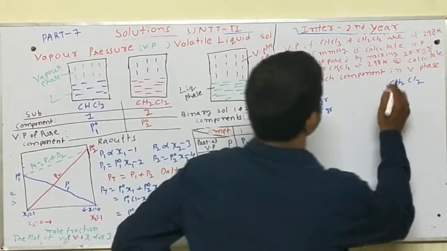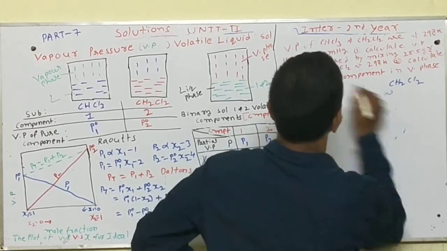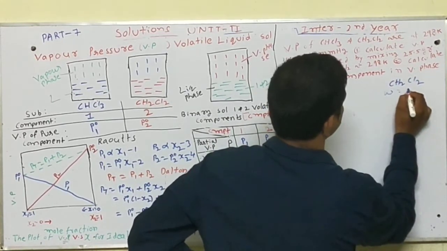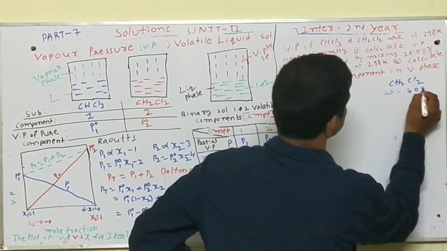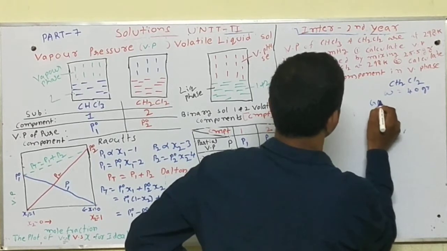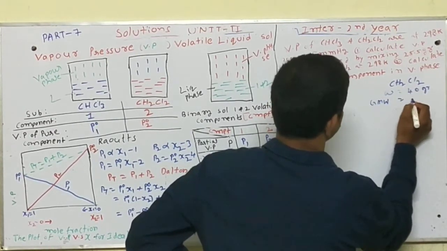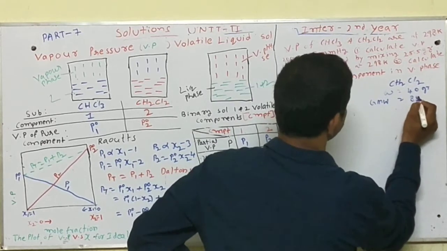And W of dichloromethane is 40 grams, and GMW is 85 grams.